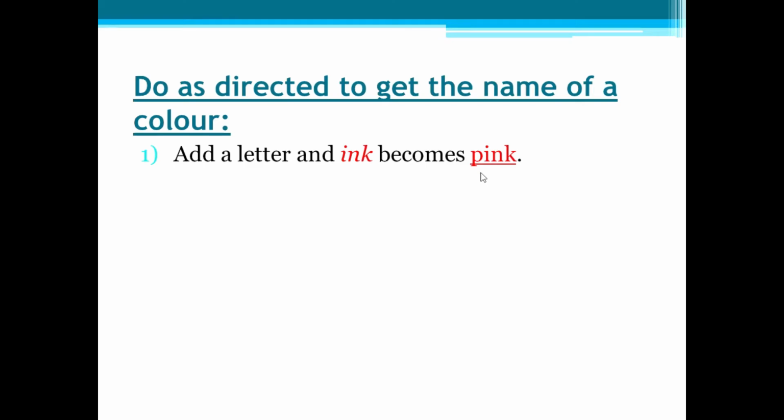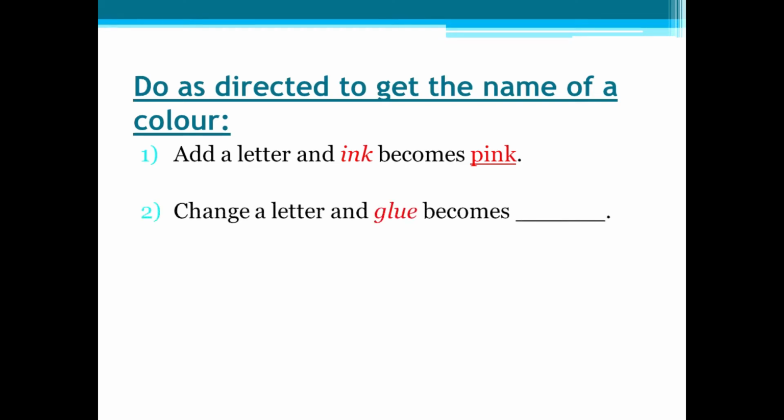Understood? That way you have to think about a rhyming name of the color and speak it, and then listen to the sound which the color name is making and change the letters accordingly. Okay, so now let's see next.